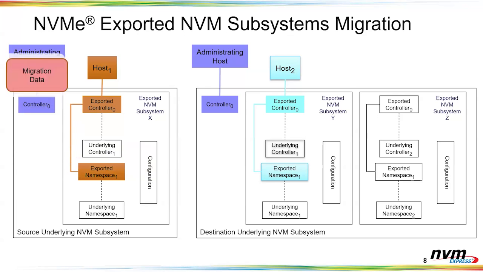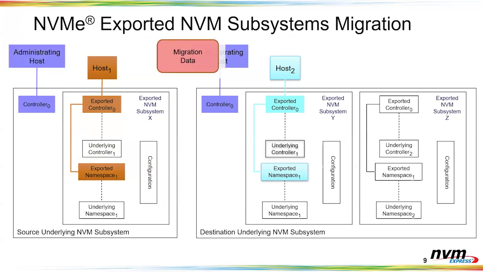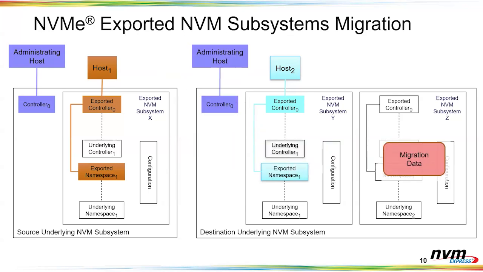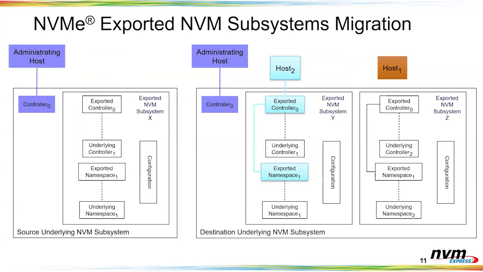And then the administrating host can read that data and transfer it over to the destination server, and that destination server can then transfer it into the destination exported subsystem, at which point both the exported subsystem in the source and the exported subsystem in the destination are the same. The final step is to actually migrate the VM itself, so host 1 can then be migrated.